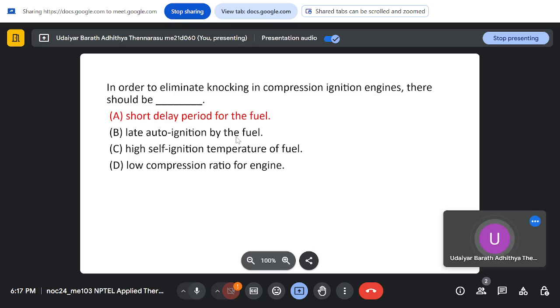That's why you go for a spark ignition engine for fuel having high self ignition temperature. Low compression ratio is also not desirable, as higher compression ratios create higher temperature and pressure for the fuel to self ignite. So B, C, D are not correct, but option A, short delay period for the fuel, is the correct option.